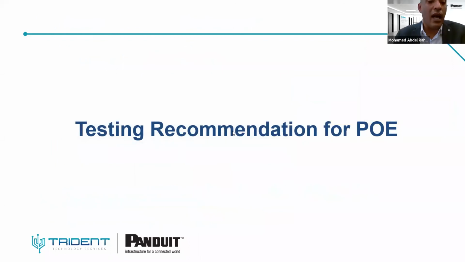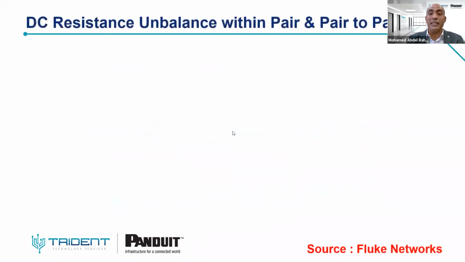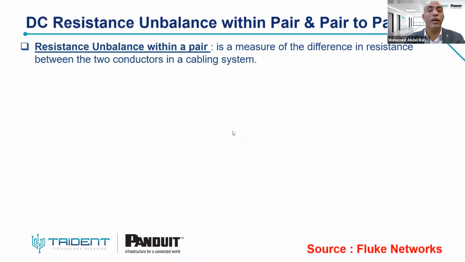Also, very brief, high-level information about the testing of PoE systems. You can see here, one possible confusion is the difference between the DC loop resistance and the DC loop resistance imbalance. You have two different scenarios.